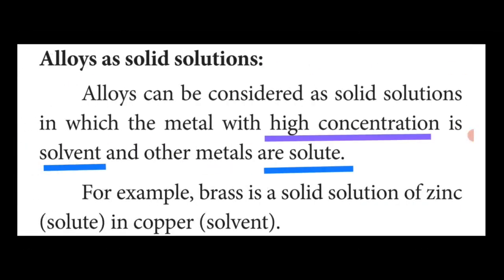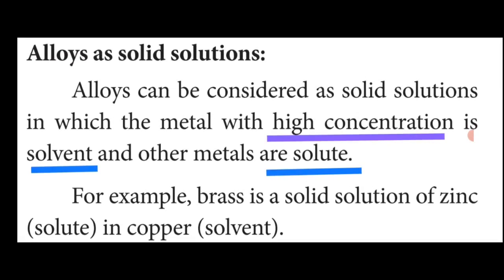Let's see, an alloy is a solid solution. Alloys can be considered as solid solutions in which the metal with high concentration is the solvent and the other metals are the solute. An alloy contains two metals, or a metal and a non-metal. The substance present in high concentration is called the solvent.